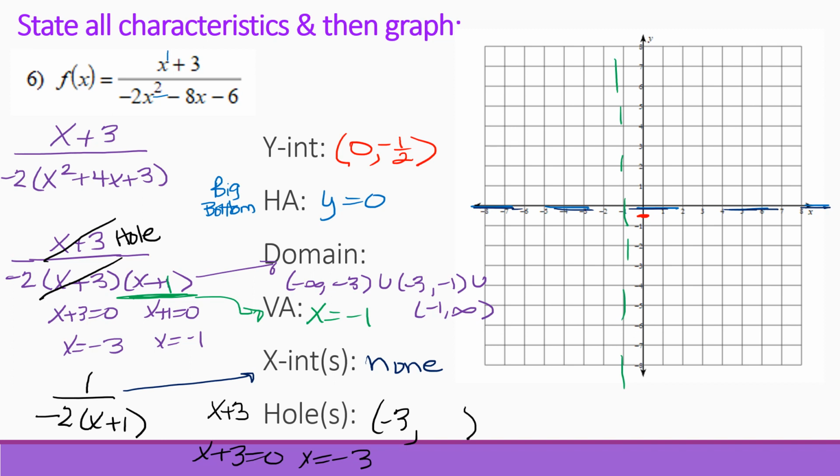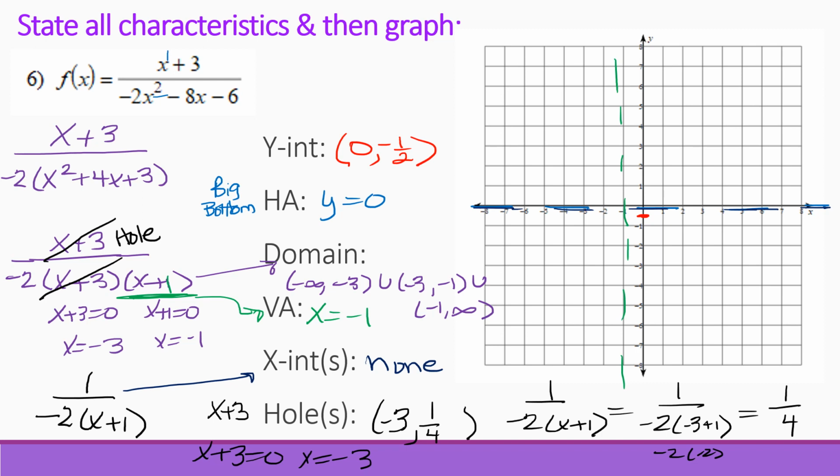So remember, we reduced it a moment ago to be 1 over negative 2 multiplied by x plus 1. So it would be 1 over negative 2 multiplied by negative 3 plus 1. Negative 3 plus 1 is negative 2, and negative 2 times negative 2 is positive 4. So 1/4 is the y value. So my hole occurs at negative 3, positive 1/4.